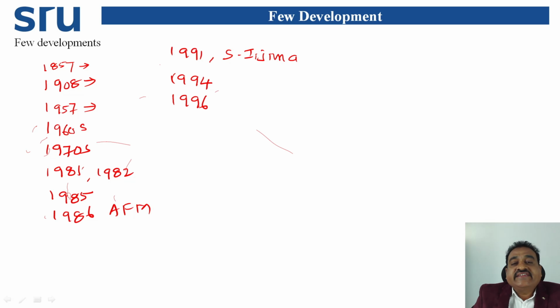In 1996, scientists at IBM succeeded in moving and precisely positioning individual molecules at room temperature. In 1999, molecular logic gates were created.